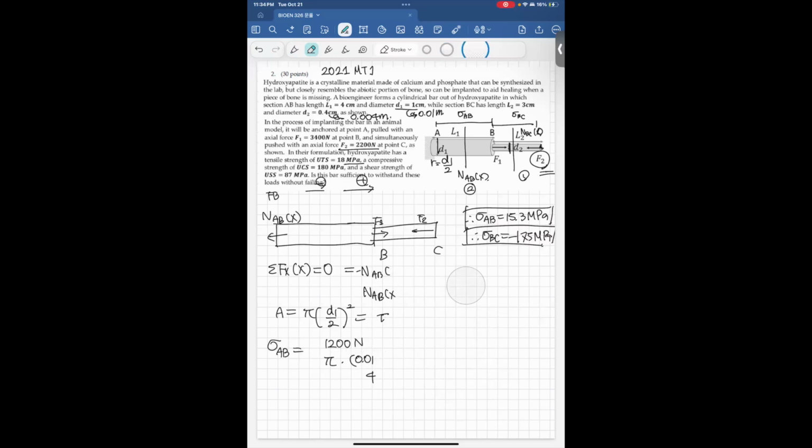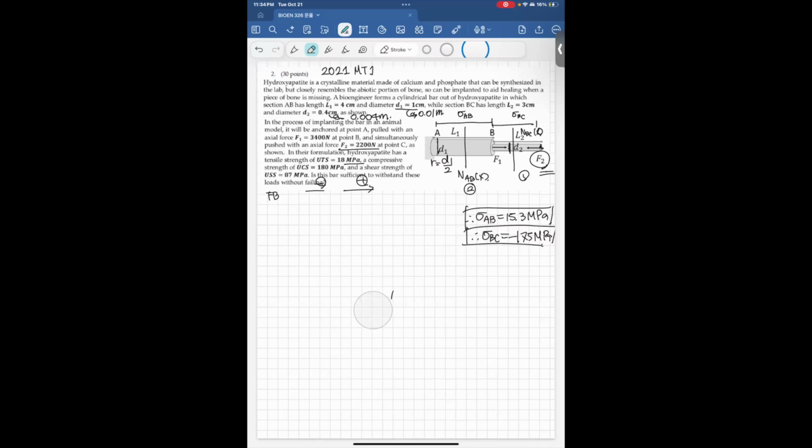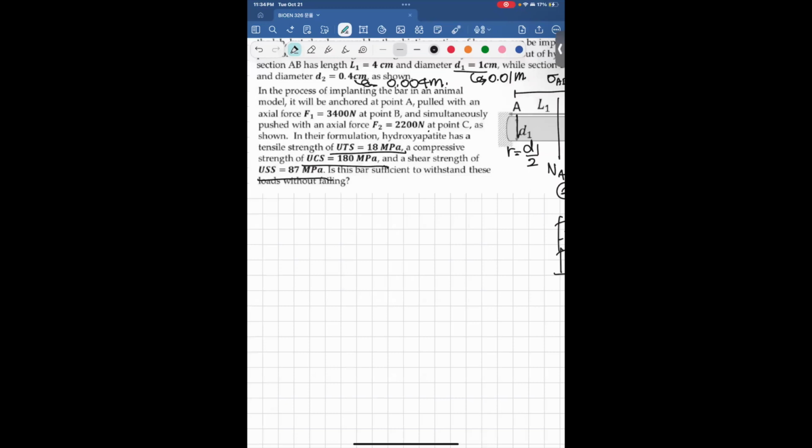Now that we have sigma BC and AB, we want to do a stress analysis, given UTS, UCS, and USS. In order to do this, by the way, we will be solving for a lot of things. So sigma max.